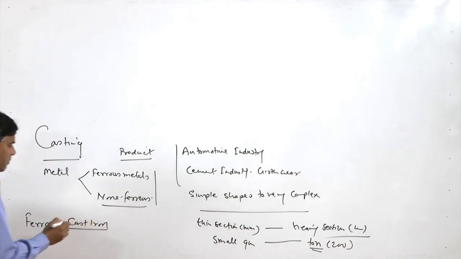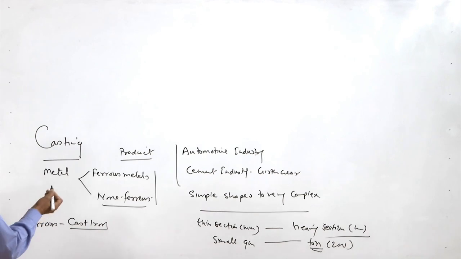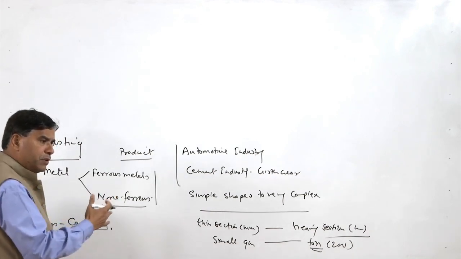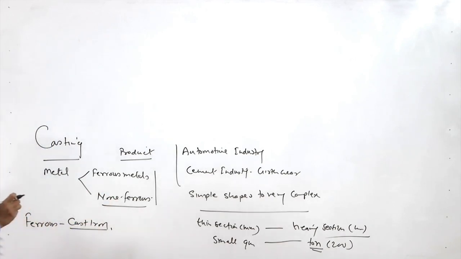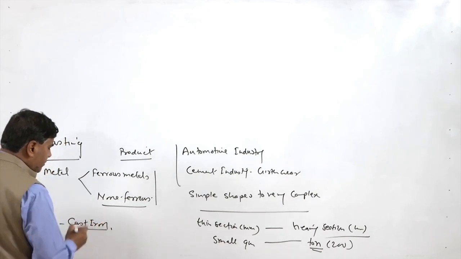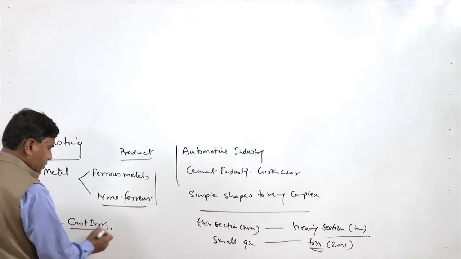This is named so because it is very easy to cast. Comparatively it is easier to melt, and because of the good fluidity it can take complex shapes easily. So, the castability of the cast iron is good, that is why it is called so.